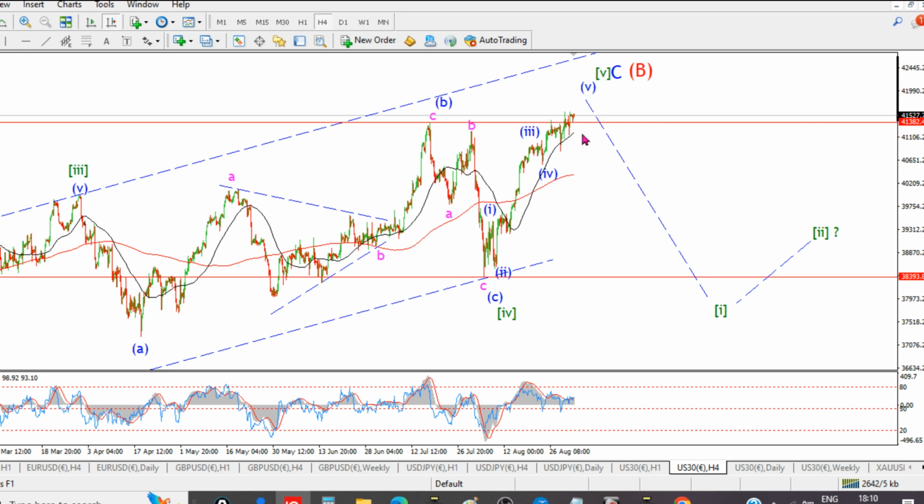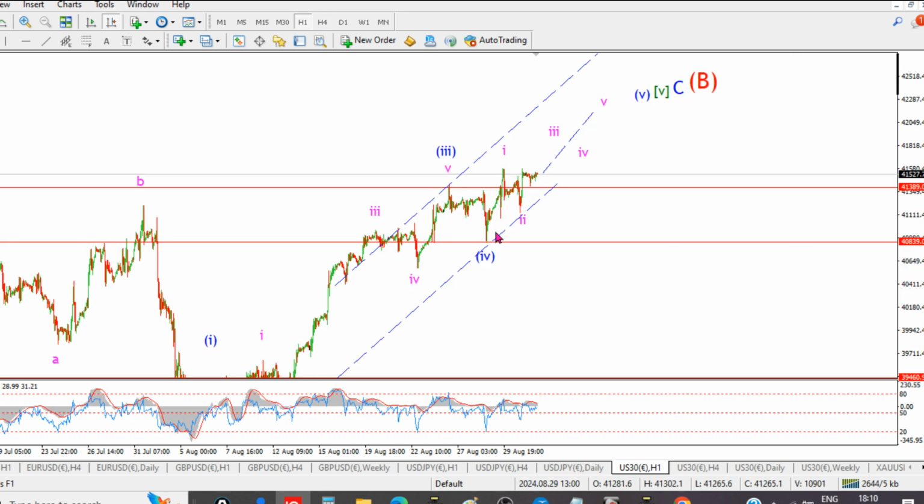Let's see, on the hourly count, probably allowing for this to run higher a little bit in wave 5 until that pattern is coherent in terms of the larger pattern. So we do have 3 waves down in wave 4 of 5. Wave 5 of 5 has yet to be decided on how that's going to manifest.